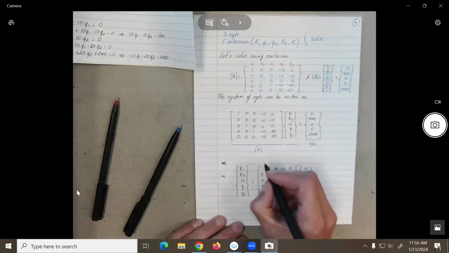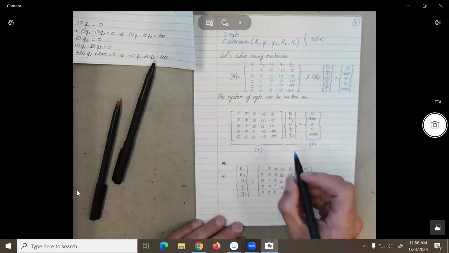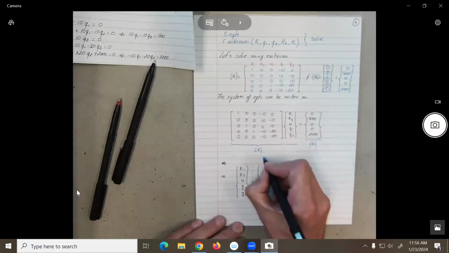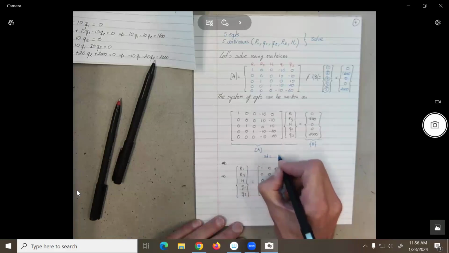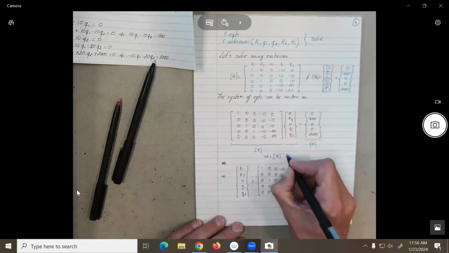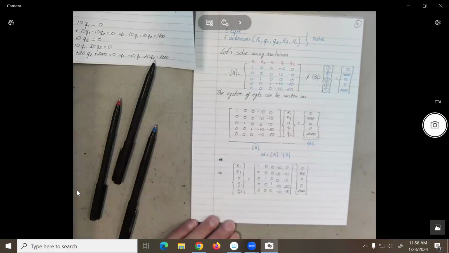So basically what I'm doing is Q solution equal to the inverse of A times B.